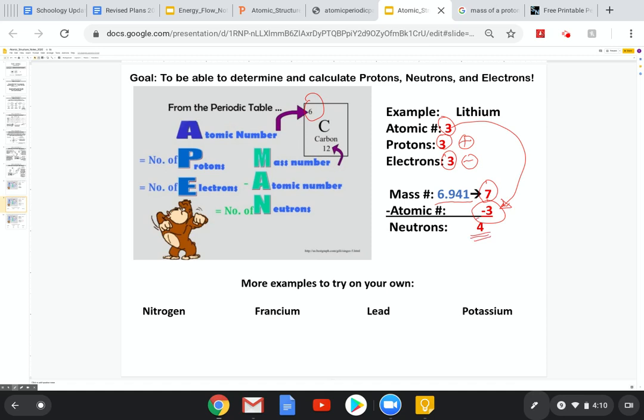A lot of different problems are going to ask you all these different questions. So let's try nitrogen, francium, lead, and potassium. The elemental symbol is going to be N, capital F, sorry, I drew that really horribly, capital F R for francium, and it'll be Pb for lead, and a K for potassium.